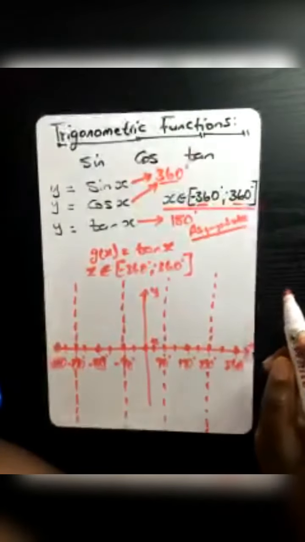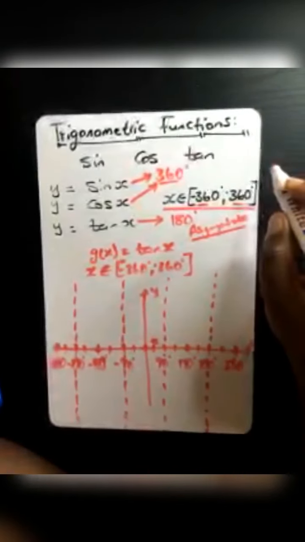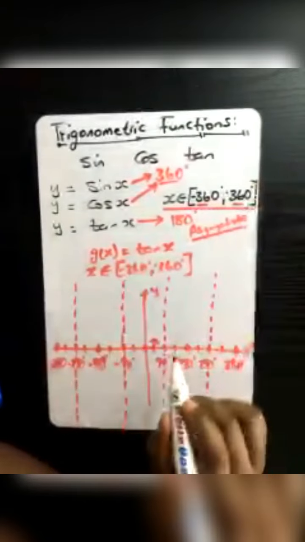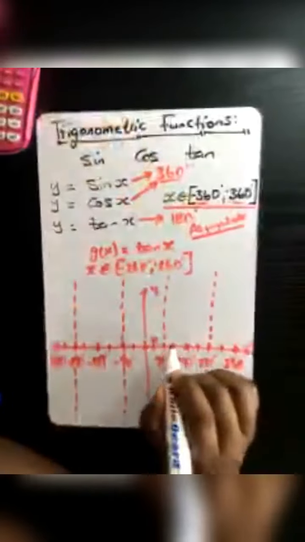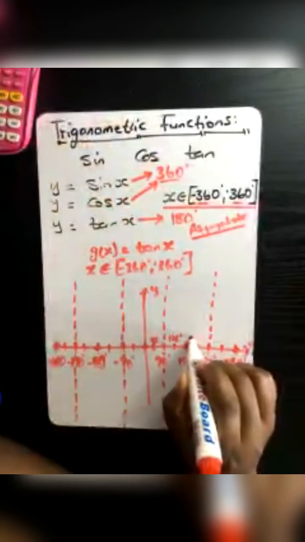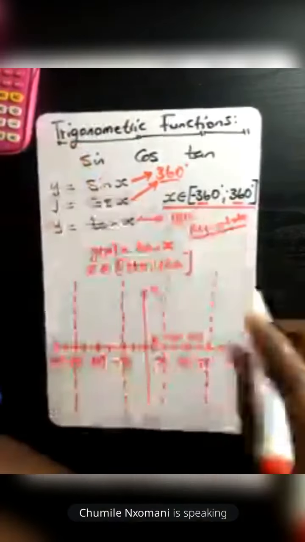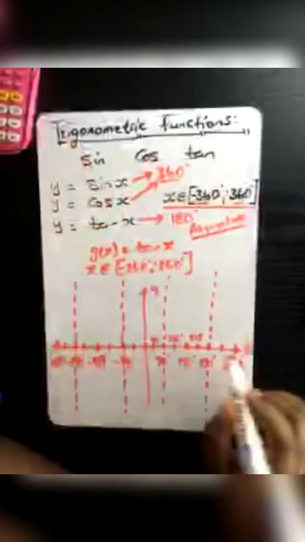Does it make sense there, Chumis? Yes, sir. Okay. So now that we have 45, 90, what is the value there? Let's check. If we have 45 plus 45 is 90, plus 45 is 135. Do you agree there, Chumis? So you just say plus 45 is 180, plus 45 is 225. Do you agree? Yes, sir. Plus 45, 270, plus 45, 315.